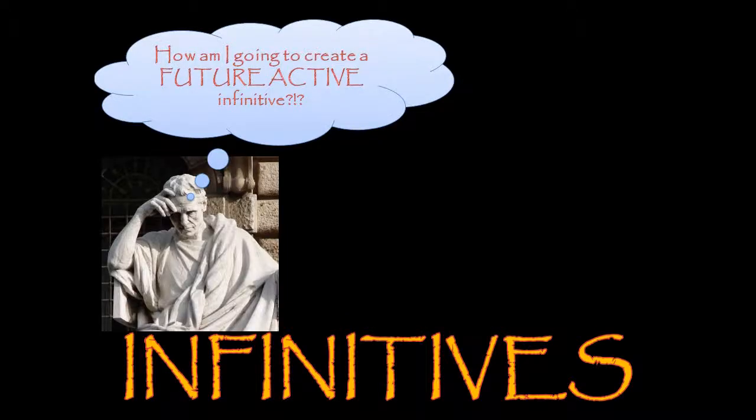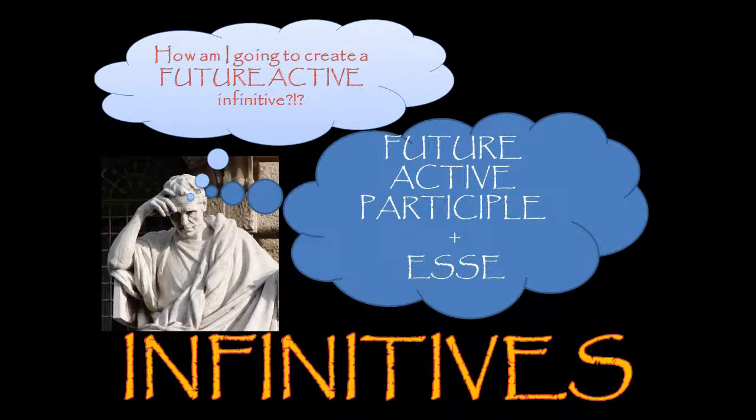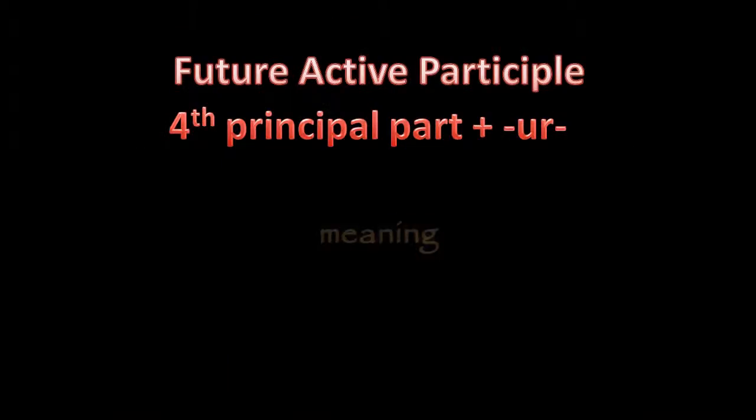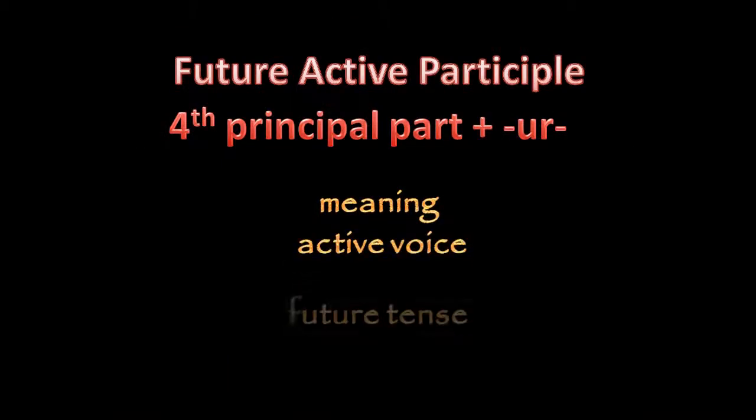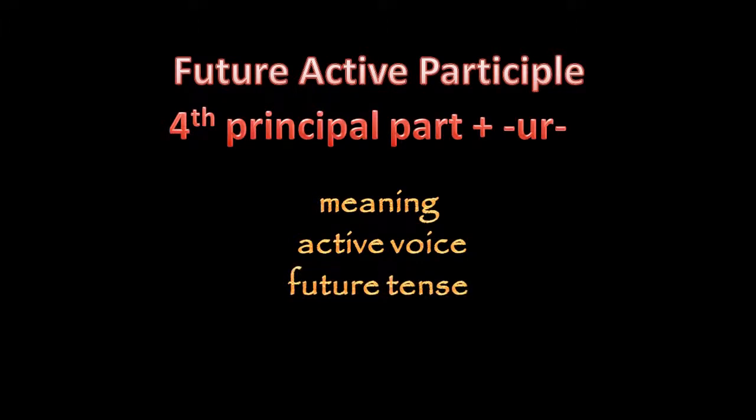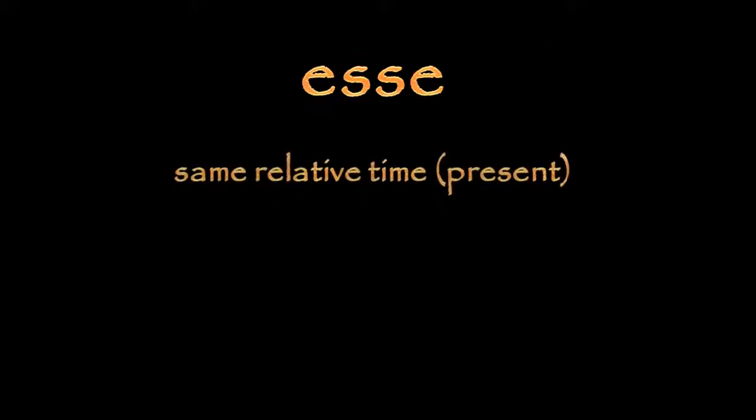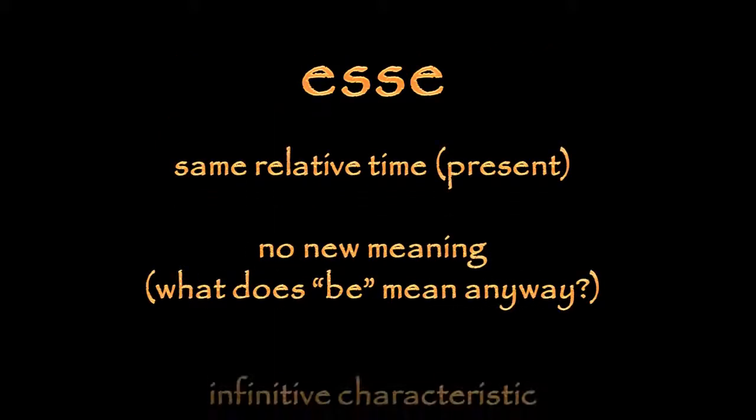Yes, you guessed it. How do we form a future active infinitive? The answer is, of course, just as we did with the perfect infinitives. We'll start with a future active participle and add the infinitive of the verb to be. The future active participle is the fourth principal part with a UR before the US, and that will bring meaning, future tense, and active voice.